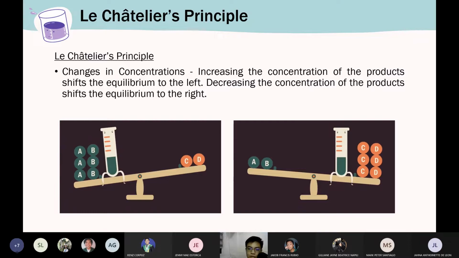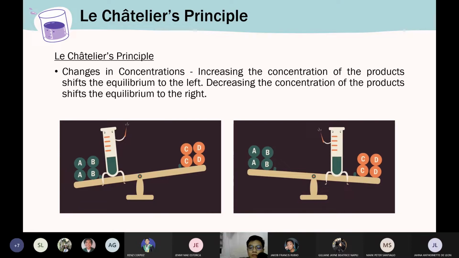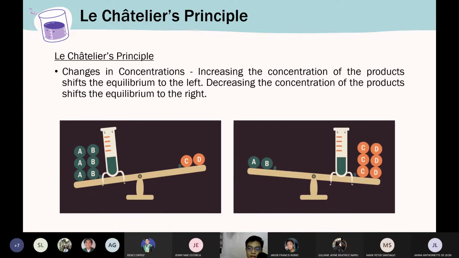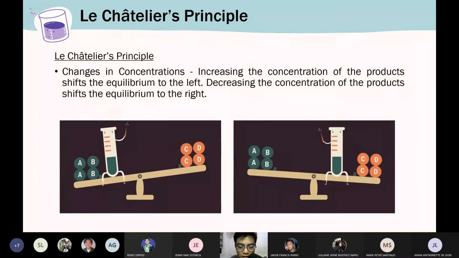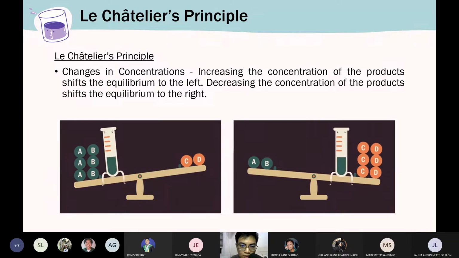Decreasing the concentration of products shifts the equilibrium to the right. So, what does that mean? It's simple. Le Chatelier says that wherever you add chemicals, the reaction will go to the opposite side. Okay?